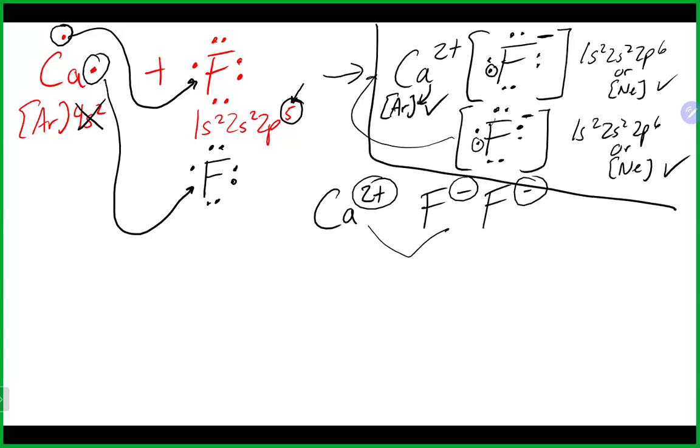It allows everybody to get to that noble gas configuration and actually create a stable bond. That is the reason why when we take ions, we want to put them together in the simplest way that will give the overall charge of 0, because in doing so, that will allow everybody involved to hit that noble gas configuration and be really, really stable.